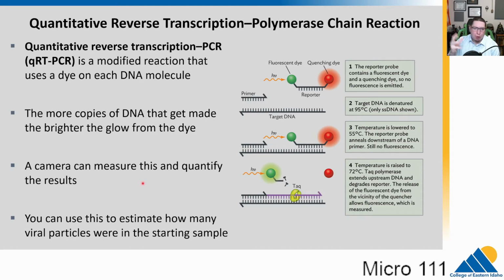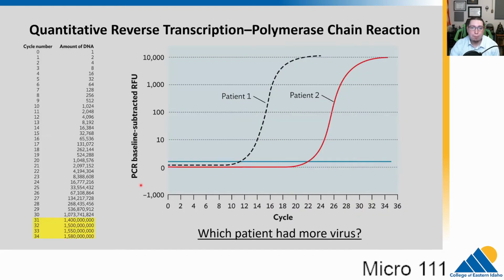The amount of fluorescence that is occurring can be measured by a very sensitive and expensive type of camera to basically count how many copies of DNA have been made at each step. This gives us an estimate of how much we started with. If we work backwards, we can figure out how much we started with. So let's see an example of what the results actually look like.